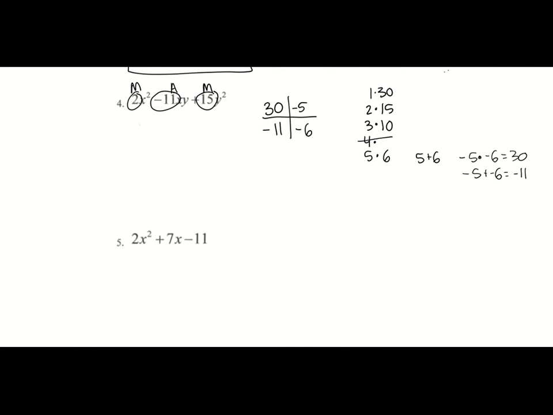My next step is to drop my coefficient and split my variable. I'm going to bring my 2 numbers to the bottom of my fractions. And I can't simplify this first one.